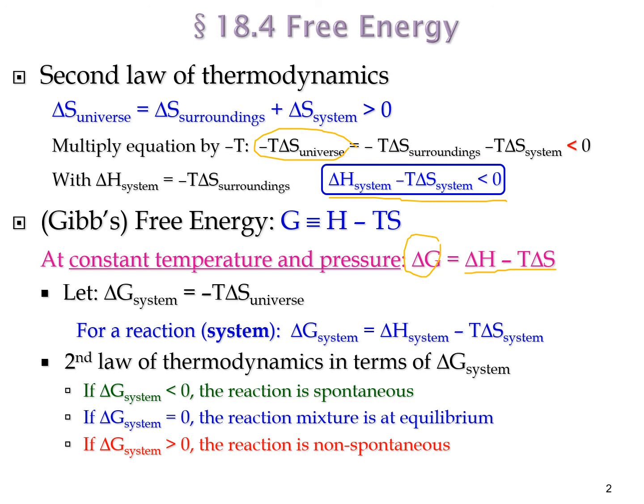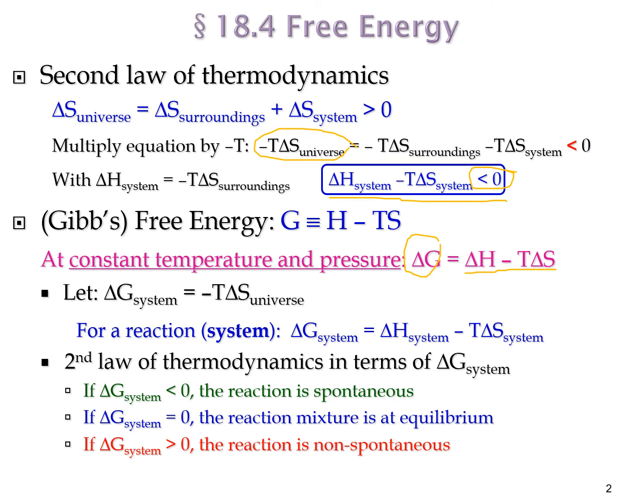Remember, in order for us to have the spontaneous process, delta H minus T times delta S must be less than 0, and also according to that, the delta G must be less than 0. So when it's less than 0, the reaction is spontaneous.